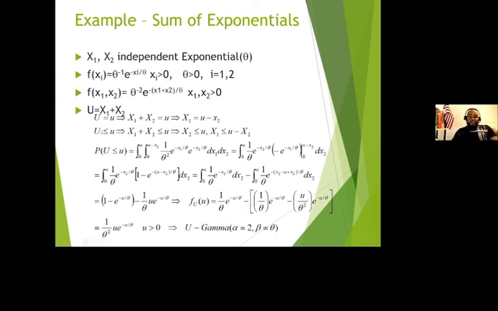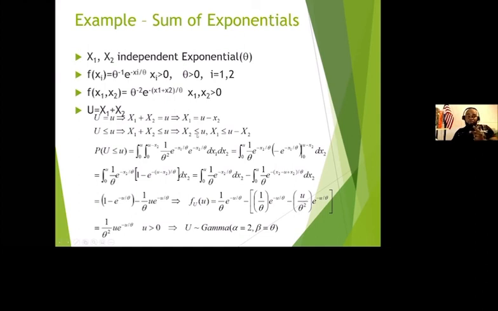And this implies that x1 plus x2 is less than or equal to u. Instead of x1 plus x2 equal to u, I'm going to have x1 plus x2 less than or equal to u, which implies x2 less than or equal to u, and x1 less than or equal to u minus x2. I'm going to have two ranges because I'm going to have two integrals.